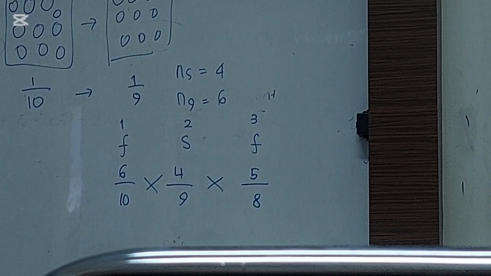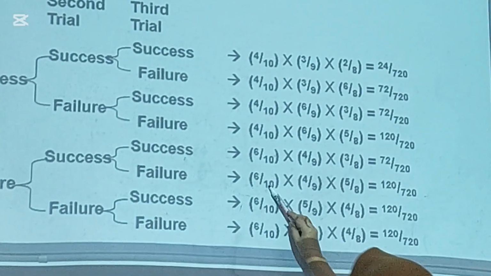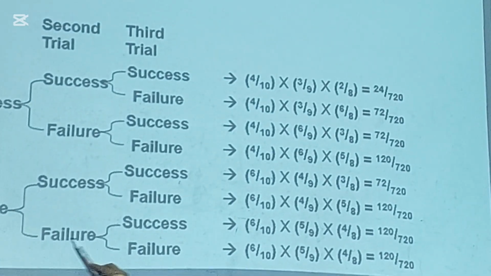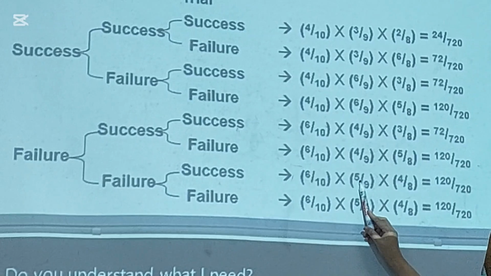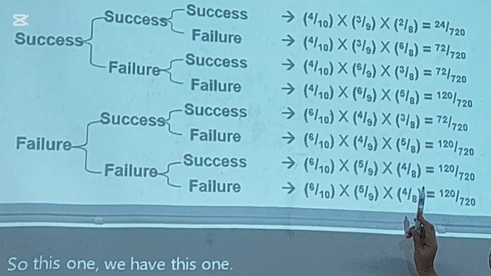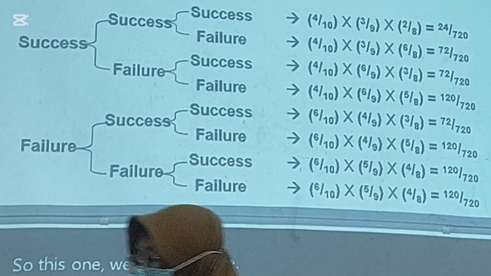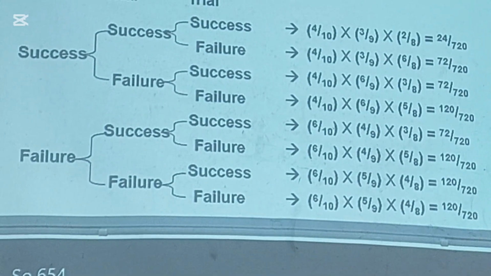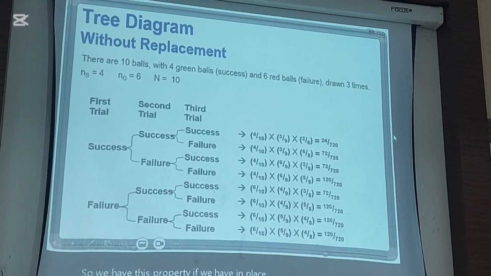So this one, we have 6, 5, 4. So we have this probability in the equation.